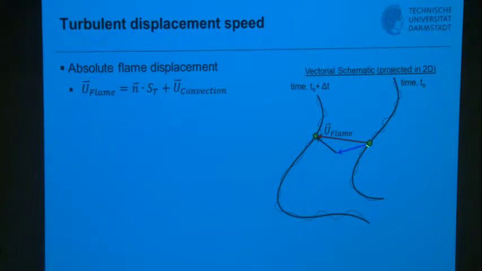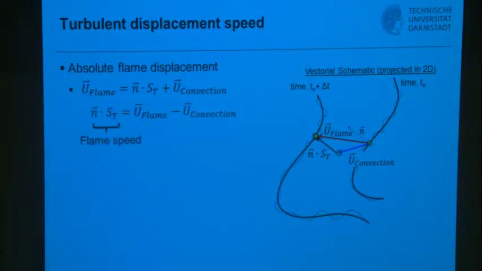Then we look at this flame element over here, which is transported by convection, and then due to the reaction diffusion in a premixed flame, perpendicular to that instantaneous flame front position, is transported to the final location of this flame element. For that you need the orientation of this flame normal.